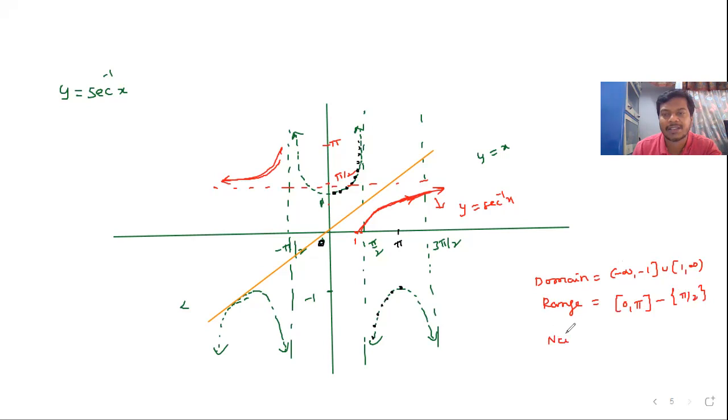And clearly it is neither even nor odd. It is increasing, right? Therefore, it is an increasing graph.